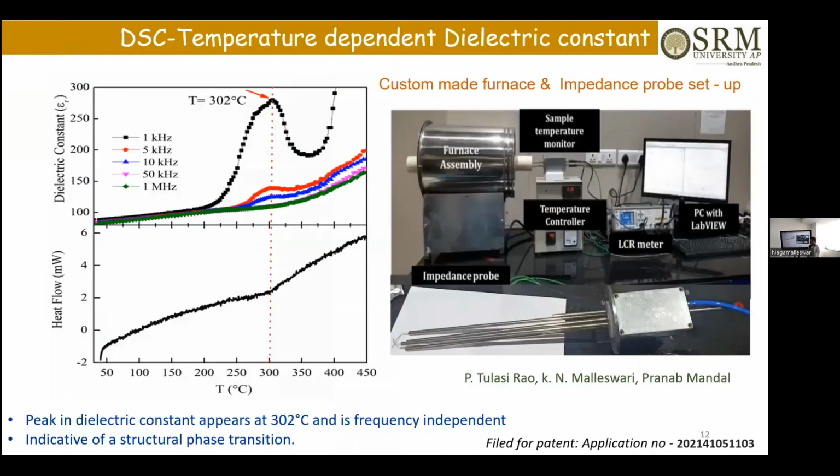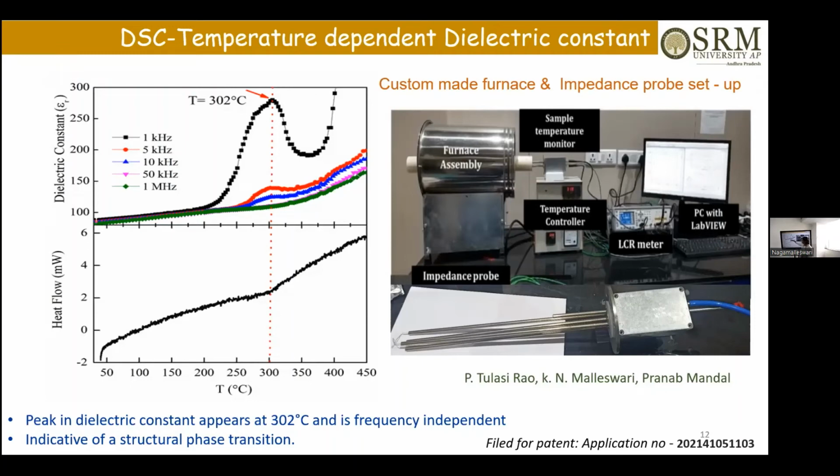Further, we study whether the composition shows a phase transition or not. So we need temperature dependent measurement. So we made a custom-made impedance probe and furnace. Using this setup, we measured the sample while varying the temperature.